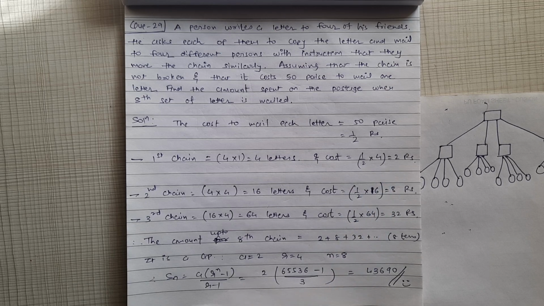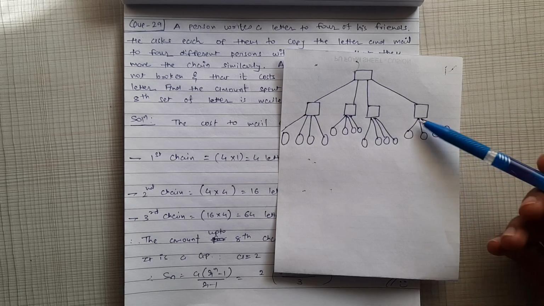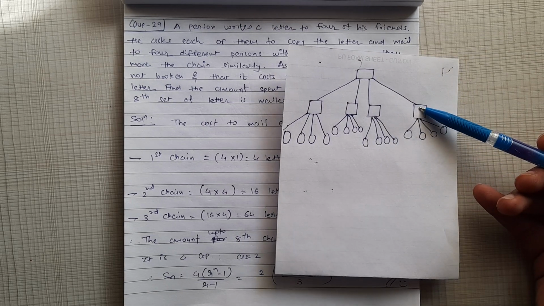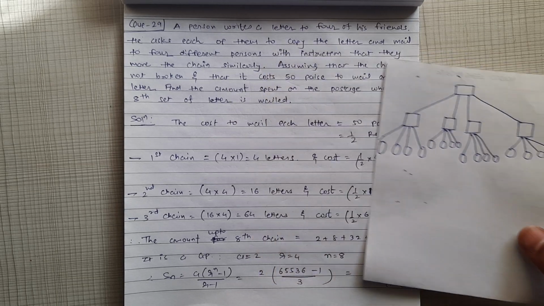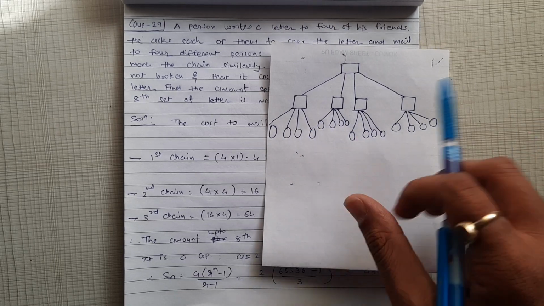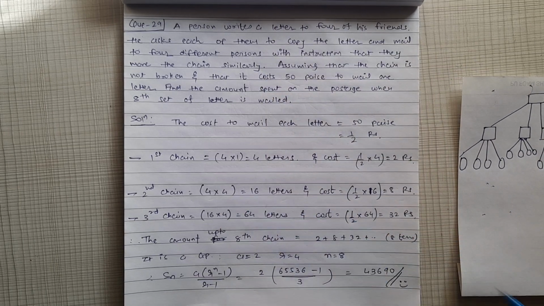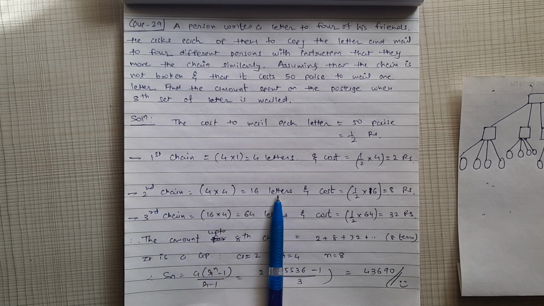In the second chain, now you can see that there are 4 persons, 1 2 3 4, and they are sending 4 letters each, right? So the total, you can count this, 4 plus 4 plus 4 plus 4, that is 4 fours are 16 letters. So 4 persons into 4 letters, that is 16 letters.